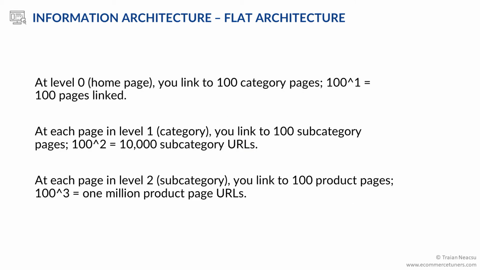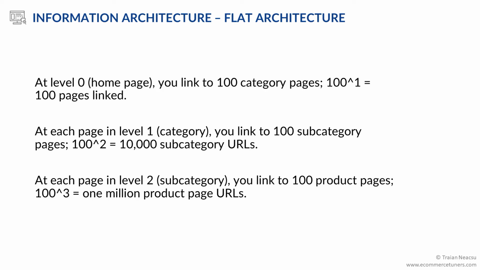Let's use math to illustrate the concept behind flat architecture. At level 0, which is the home page, you link to 100 category pages. From each page at level 1, which are the category pages, you link to 100 subcategory pages. At this level, you can link to 10,000 subcategory URLs.